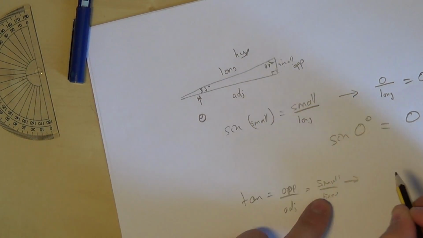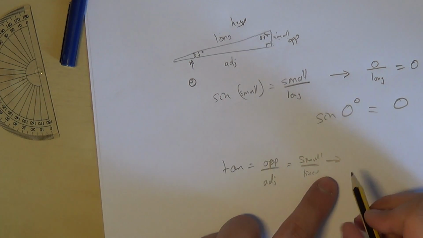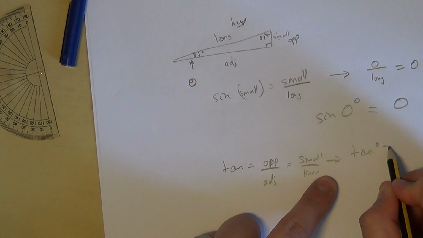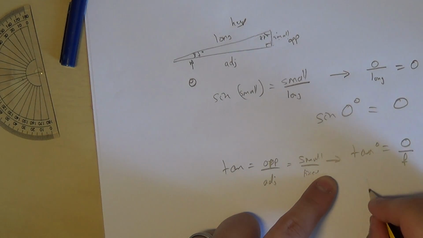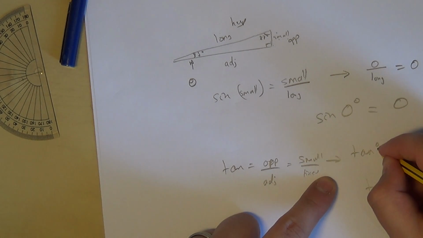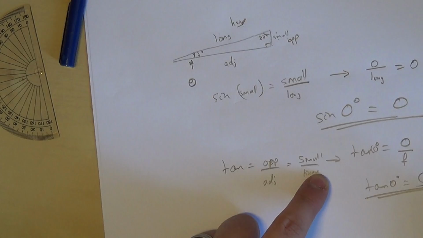As this gets smaller and smaller, this height gets smaller, so this numerator gets smaller, and when we get to 0, we're left with nothing to divide by some length, which will simplify to nothing. So the tan of 0 degrees is nothing. So that's 2 facts there from this.